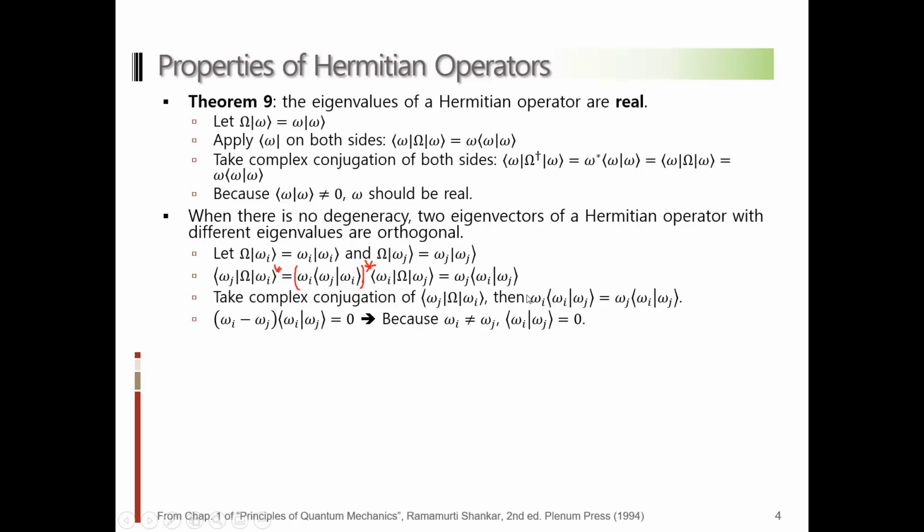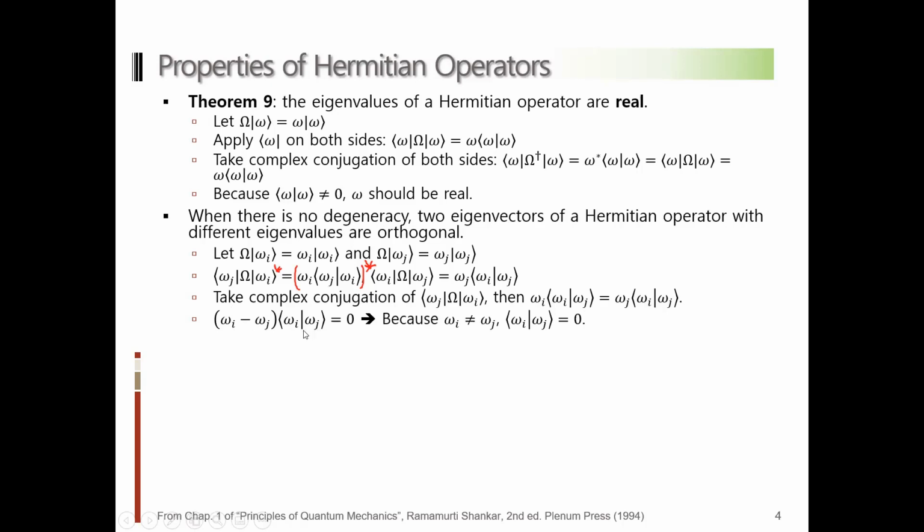So from this one, I can collect the common factors like this. And then the conclusion is that the product of these two factors should be 0. And now we already assumed that all the eigenvalues are different from each other, which means this factor cannot be 0. So who should be 0? This one.